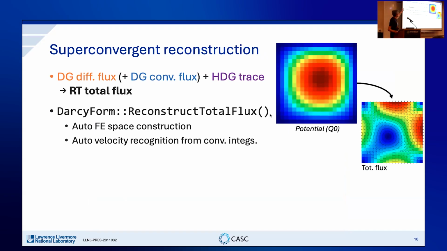We can take that solution consisting of the diffusion flux and optionally also the convective flux if we have that convective part, and combine it with the trace variable and reconstruct the total flux, because as we know, we are enforcing continuity of the total flux here.